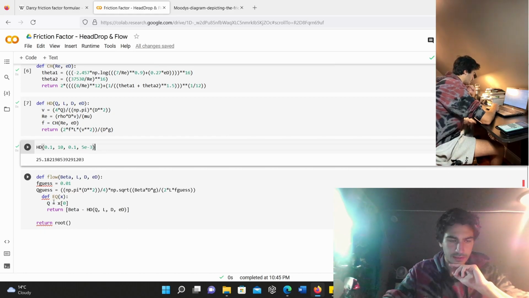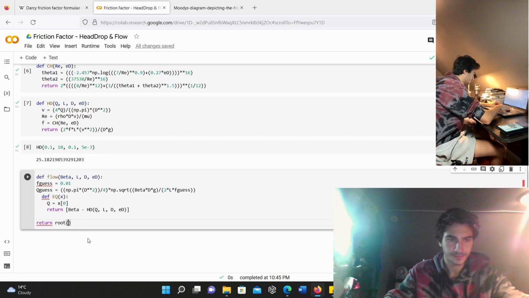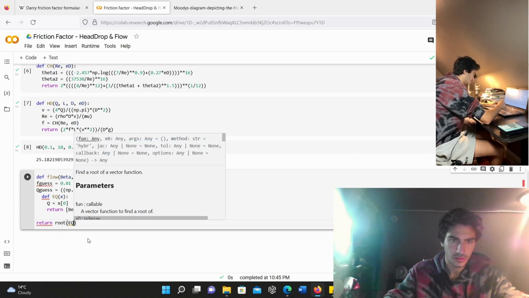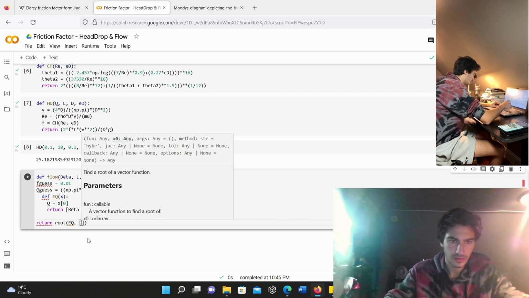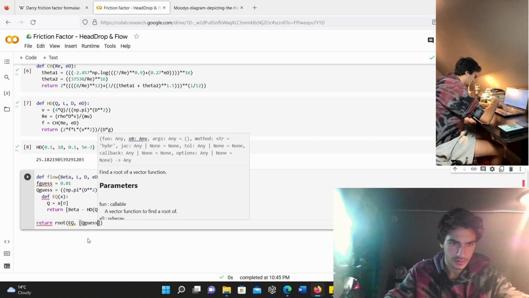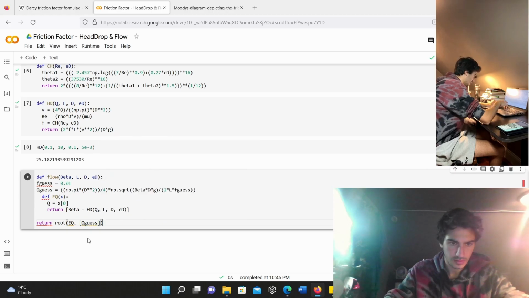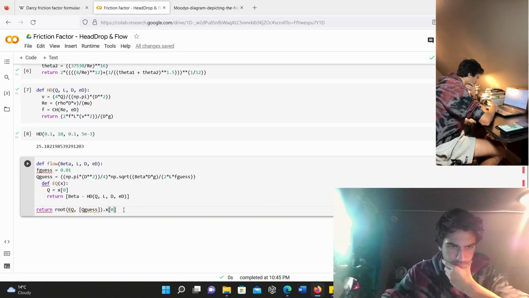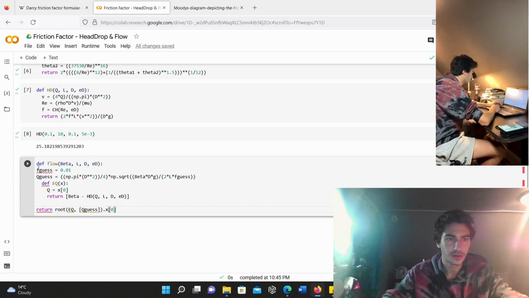We want to minimize this first value, right, of this equation, so we want return equation, right? With QGuess being, right, QGuess. Pulling out the first value of this, right? Okay, should be good, I think, right?